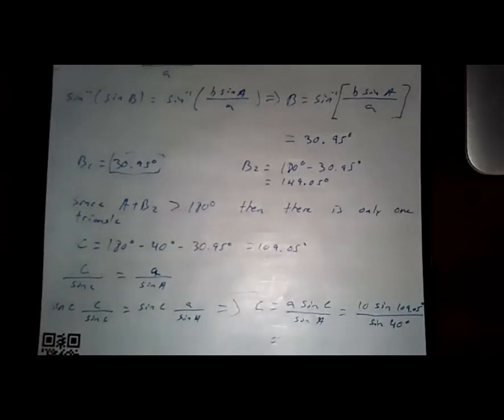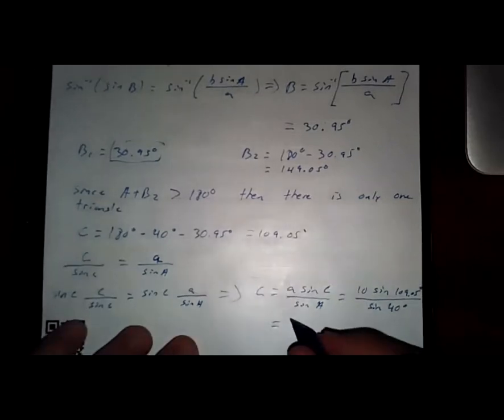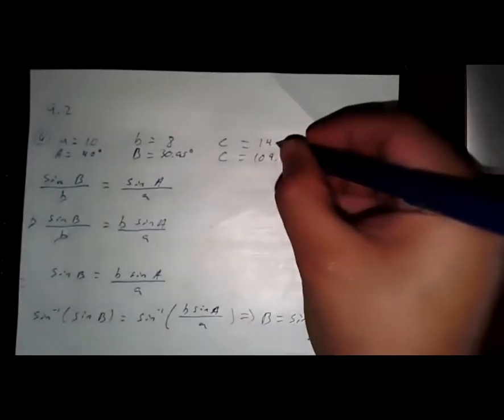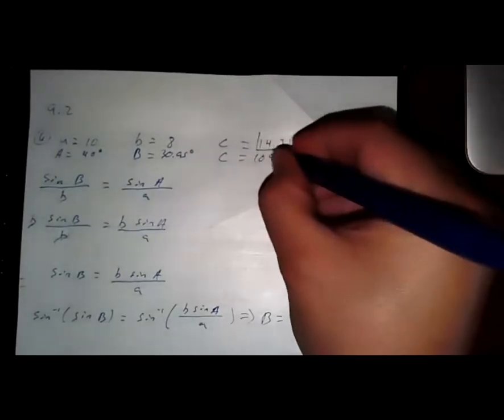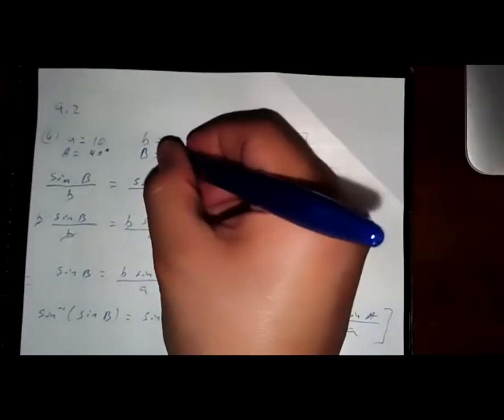So this is a C, if you can't read it. So 10 sine 109.05 over sine 40. So this will be 14.71. So that would be my last piece. So the things that they would want you to plug in would be this guy, this guy, this one.